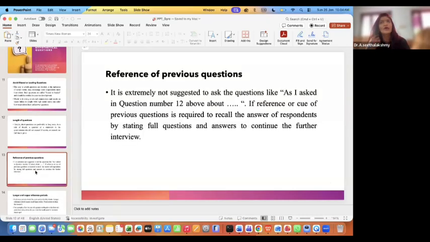Another is, don't mix the first question and the second question, or the previous question. Don't associate them, for example, "Refer to question number 12, and based on that, how will you answer this one?" With multiple questions like that, it can lead to a wrong response. So we generally do not associate with the previous one.